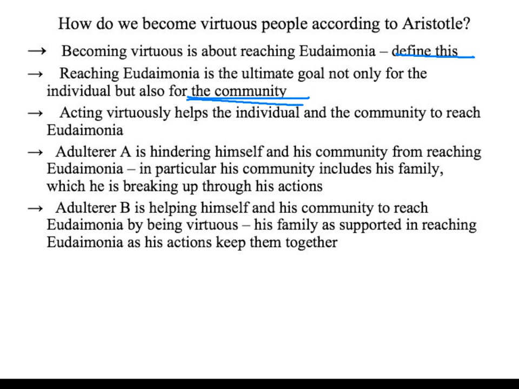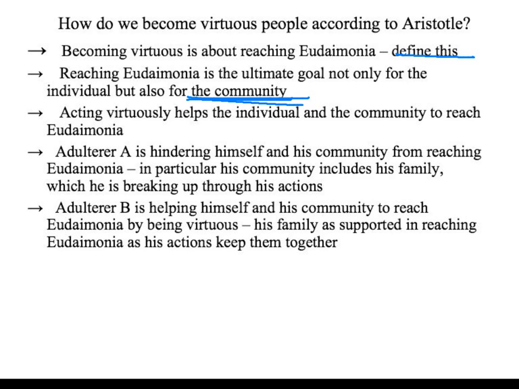This is very, very important when we're thinking about whether or not adultery is something that a virtuous person is likely to do or not. Acting virtuously helps the individual and the community to reach eudaimonia. You would need to explain that, and then relate that back to our issue.